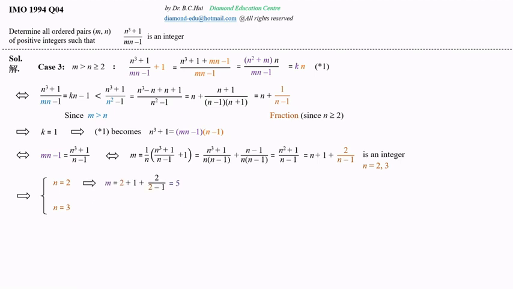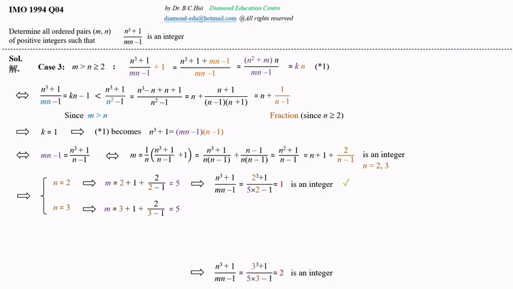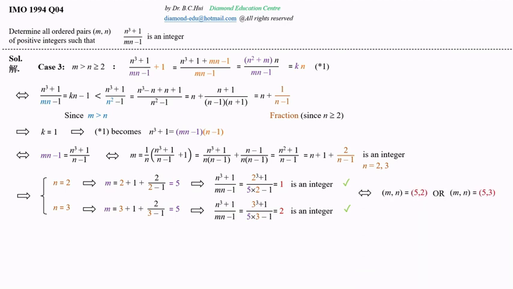If n equals 2, then m equals 5, and the quantity equals 1, an integer. If n equals 3, then m equals 5, and the quantity equals 2, also an integer. So we obtain 2 more solutions.